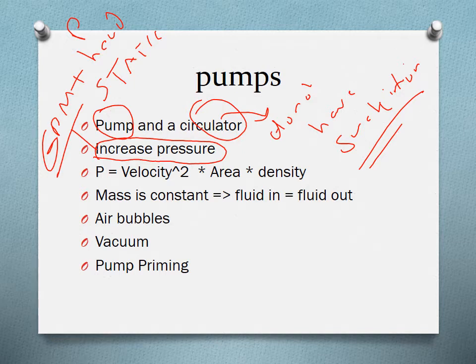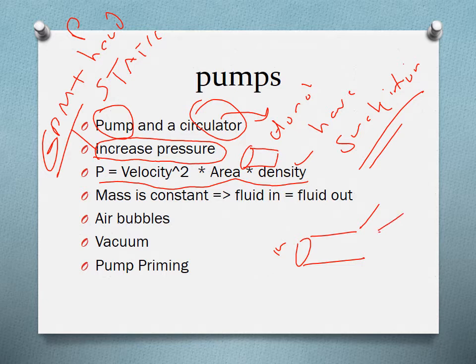The pressure of the pump, which is the head, is the velocity of the fluid inside of it squared times the area, that's the area of the pipe or the cross-sectional area of any opening where the fluid is supposed to go, and the density of the fluid. Another thing we always have to think about is that the mass in will equal the mass out.